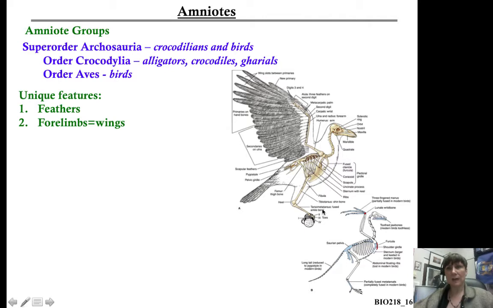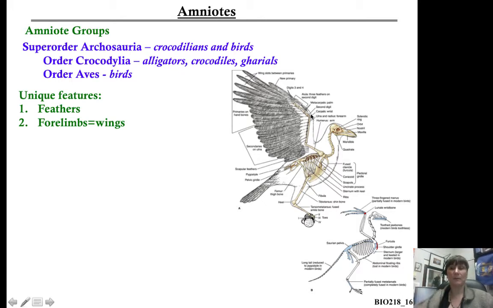These are diagrams that show some of the internal anatomy related to flight, and I'll talk a little bit more about this in a moment. But some important points to note is that their skeleton is specifically adapted for flight. For instance, most of their bones are hollow or pneumatic, and I'll show you some other pictures in just a moment. Their forelimb bones have been modified such that they really don't have much in the way of digits or fingers.